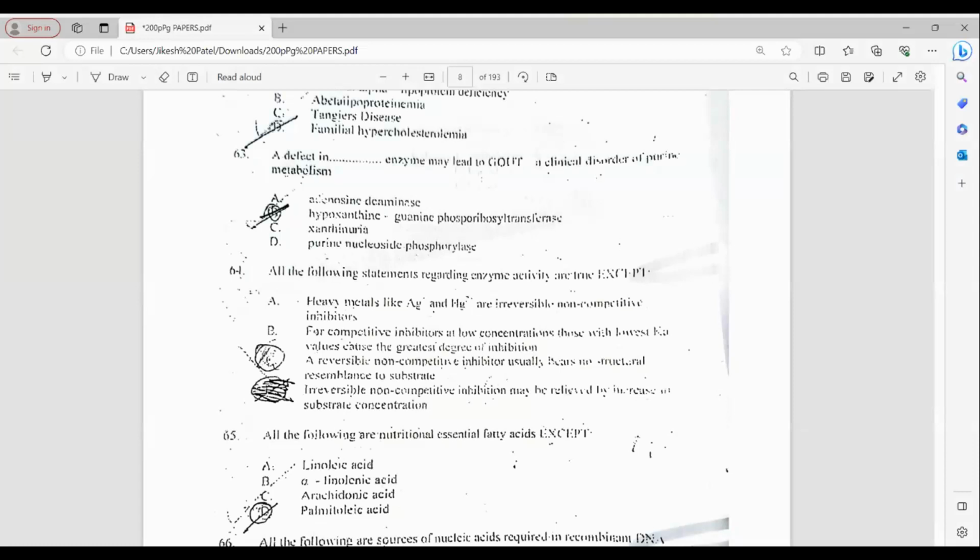A reversible non-competitive inhibitor usually bears structural resemblance to the substrate.